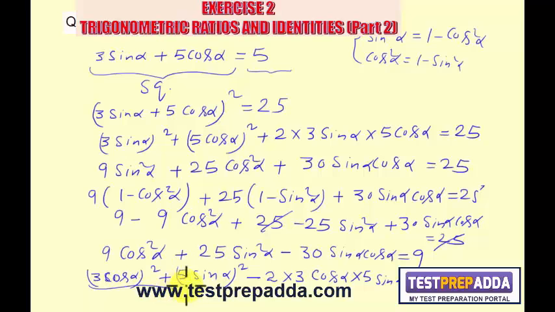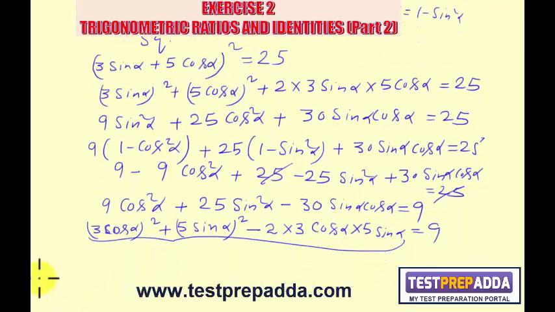What can we write for this? This is 3 cos alpha minus 5 sin alpha whole square is equal to 9.